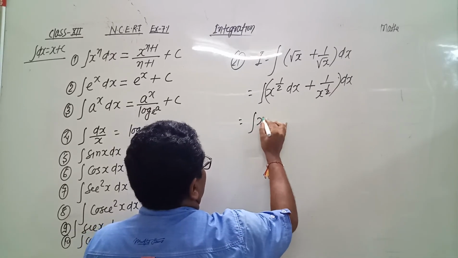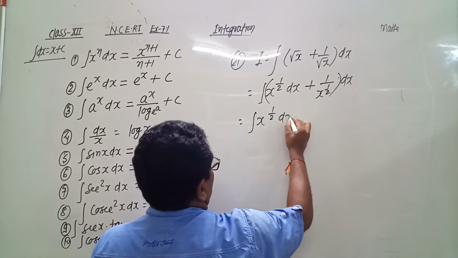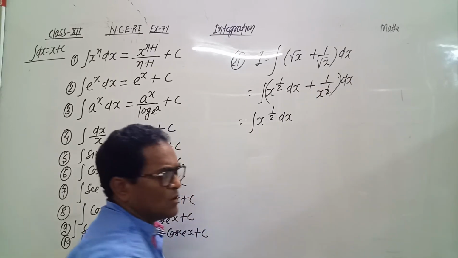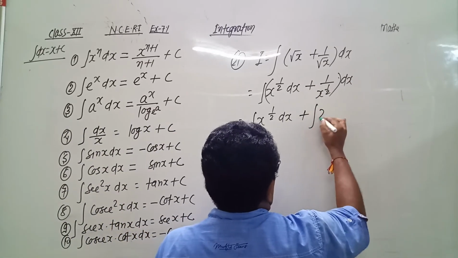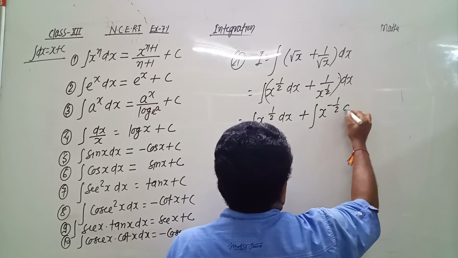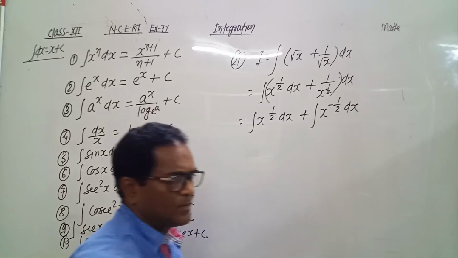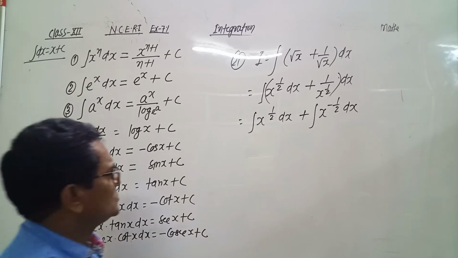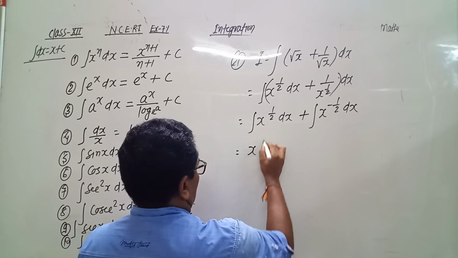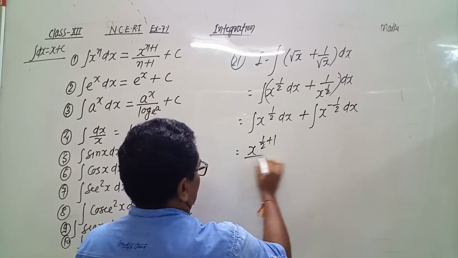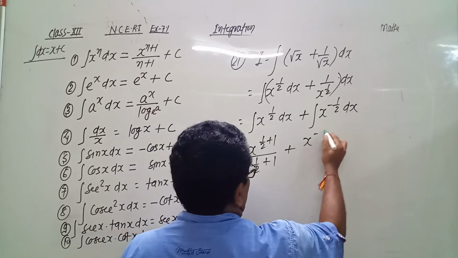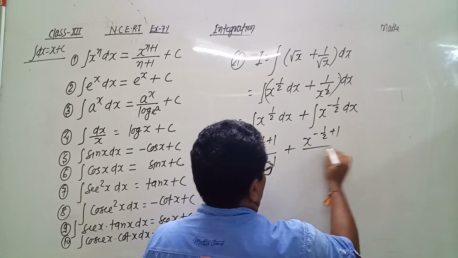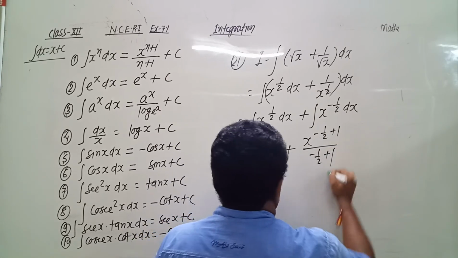So integration of x raised to the power 1 by 2 dx. This will go to the numerator and becomes x raised to the power minus 1 by 2 dx. Now it will be integrated in the form x raised to the power n, so x raised to the power n plus 1 upon n plus 1.